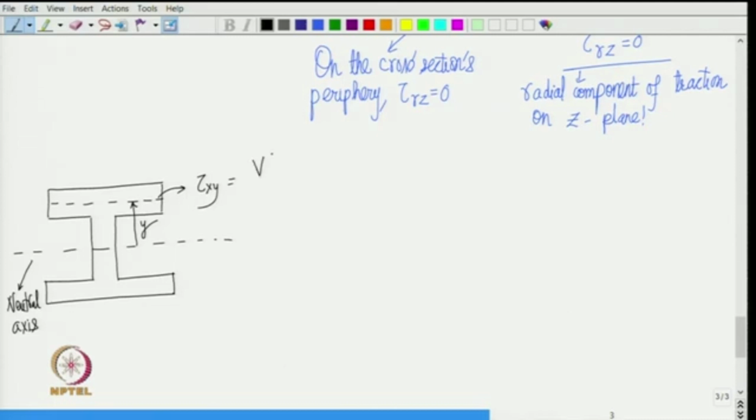You simply use this formula, it is equal to V x into q y divided by I z z into the width b of y. But you see, in this case width b changes abruptly, is not it? So, once you go from this length to any length higher than this, b changes abruptly.